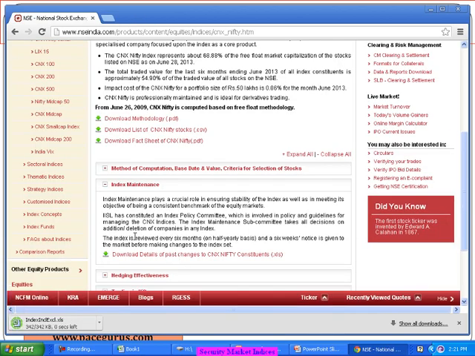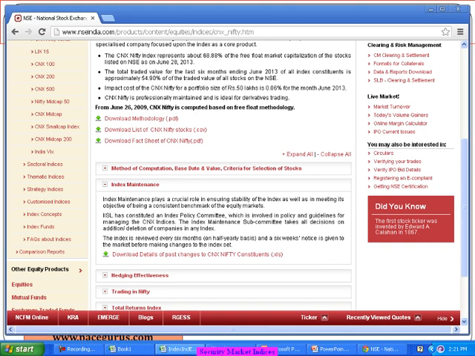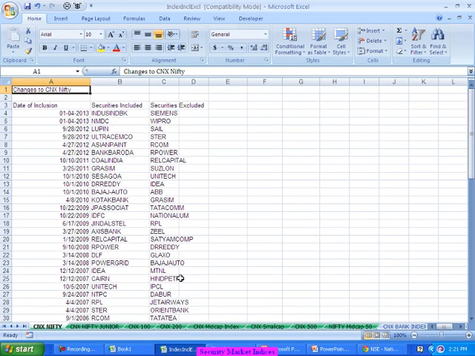So what you typically see here is, the latest is here, on 1st April they have reviewed it. They have removed Siemens from the Nifty 50. They have included IndusInd Bank.